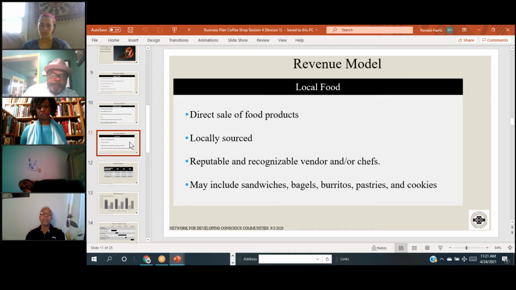And so again, this particular model looked at sandwiches, bagels, burritos, mostly food items that people would consume with a cup of coffee. If you think about what they were thinking, they were talking about food that you can carry in your hand, because your other hand is being occupied with your coffee.